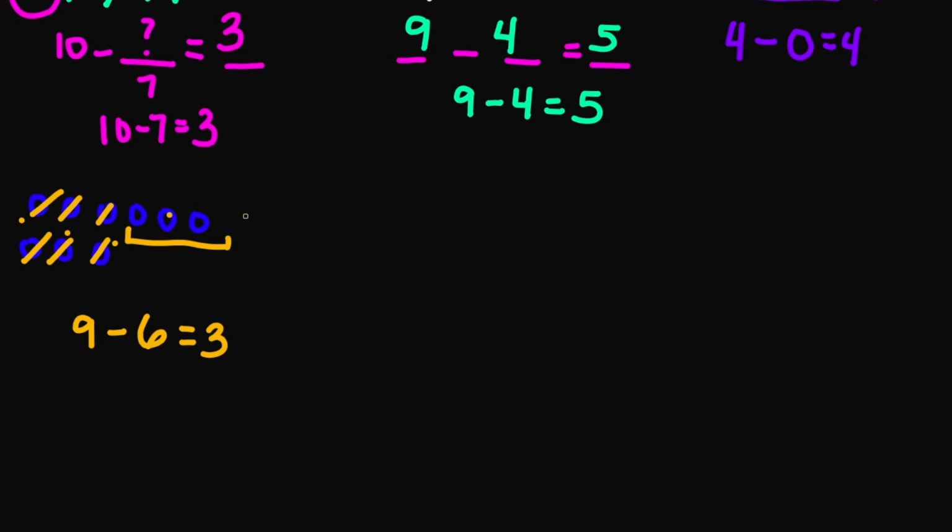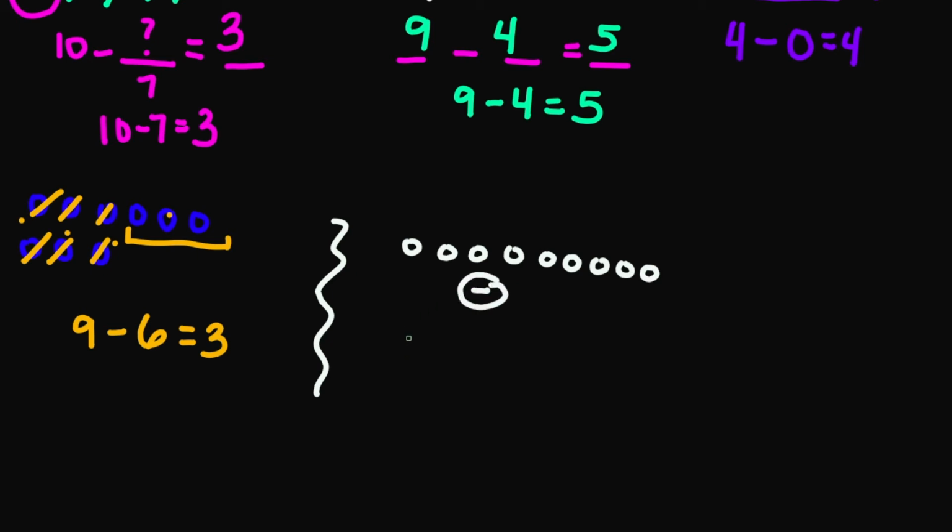Okay. Now you may also see the problem like this. Let's do 1, 2, 3, 4, 5, 6, 7, 8, 9 minus, right? This is the minus sign, another set of pictures.